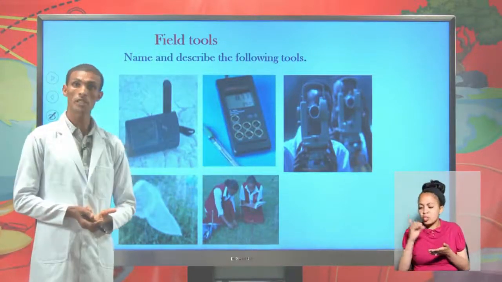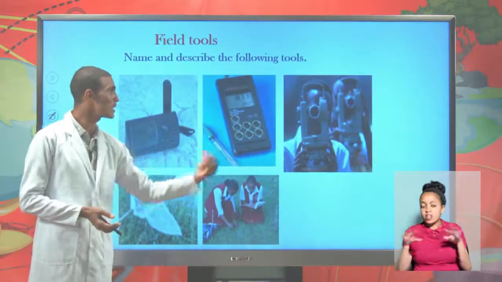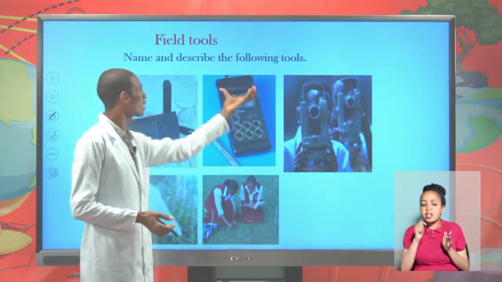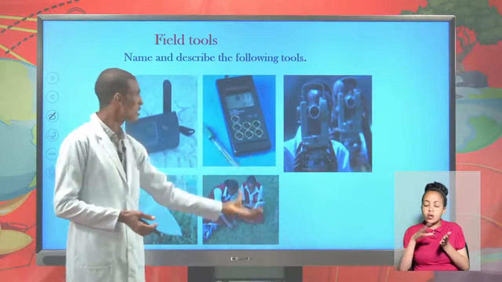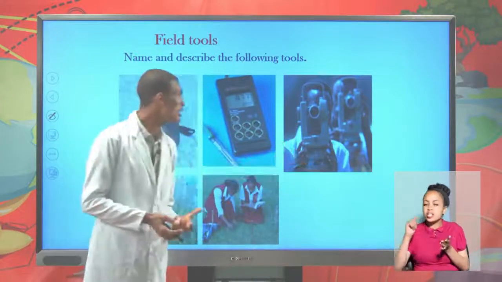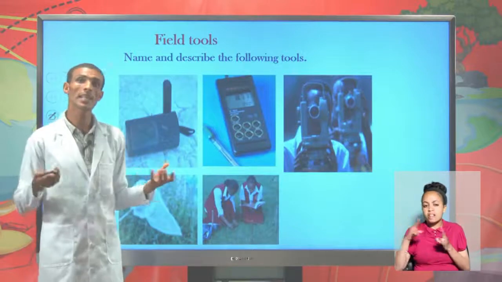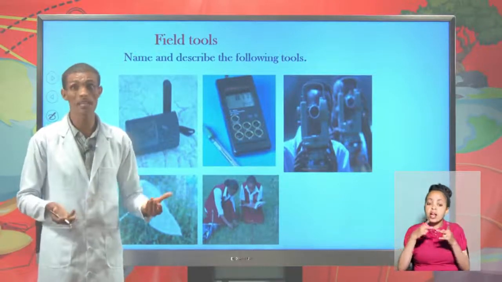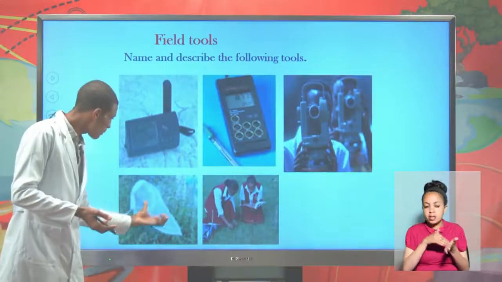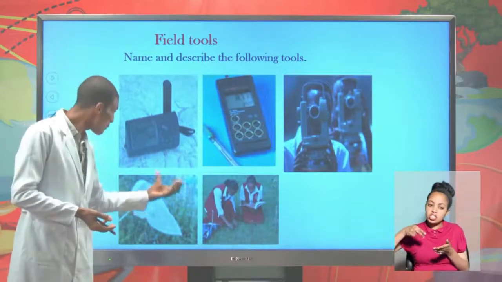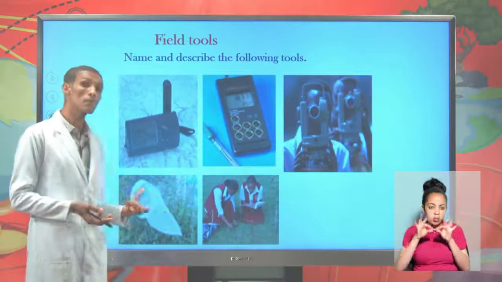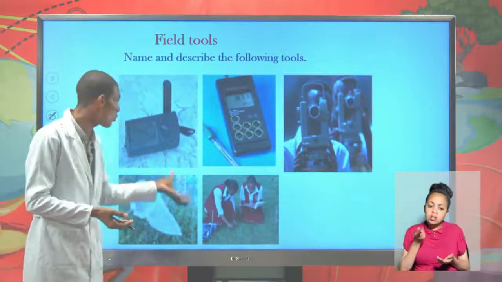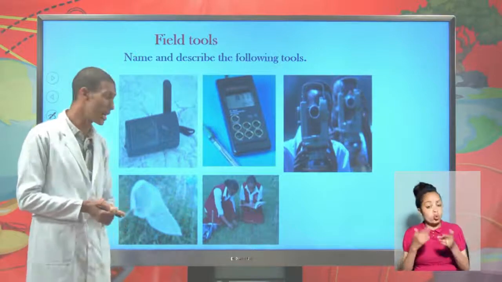Theodolite is very important in taking the height or slope of an area that you are going to take data from. And the pH kit is very important to measure the pH of soil or water of the area from where we are going to take data.